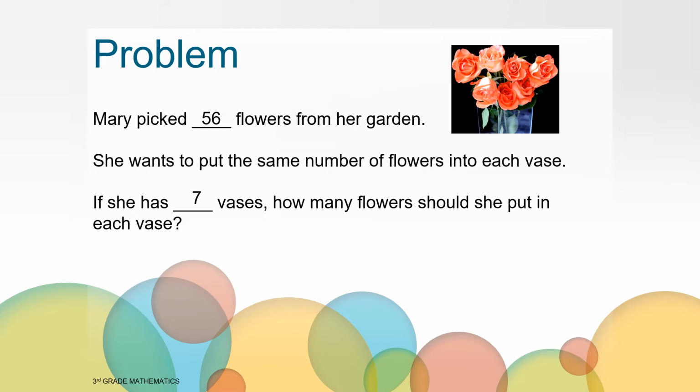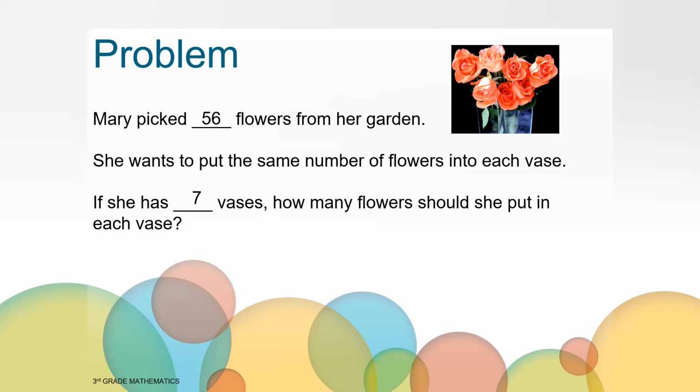So think about what's happening in this problem. Mary gets flowers from her garden, and then she separates them into 7 vases by putting the same number of flowers inside each vase. How many groups are there in this problem? Yes, there are 7 groups, which are the vases. How many are in each group? What?